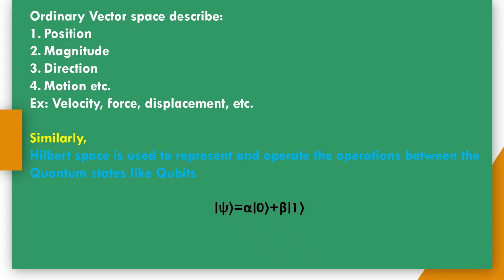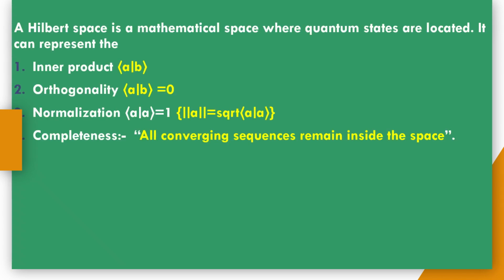Similarly, Hilbert space is used to represent and operate on quantum states like qubits. Different operations between the qubits can be performed by using the Hilbert space. A Hilbert space is simply a mathematical space where quantum states are located, used to represent our quantum states like qubits, for example psi equals alpha state 0 plus beta state 1.